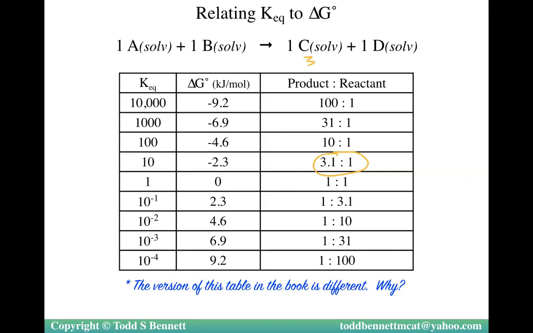If this is 3.1, and this is 3.1, and this is 1 and 1, it's going to be 3.1 times 3.1 over 1 times 1, which equals 10 over 1, which is that number right here. And then plugging in, natural log is negative 2.3 when you convert to log, so negative 2.3 log of 1 is just negative 2.3. So the point of it being, it really doesn't matter that much. The fact that they messed that up, I don't really care. Just know that you have a certain favorability of product to reactant, but when you have two things, you have to make sure to square it.